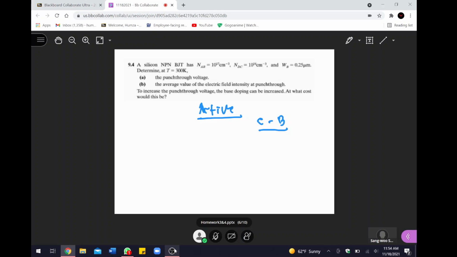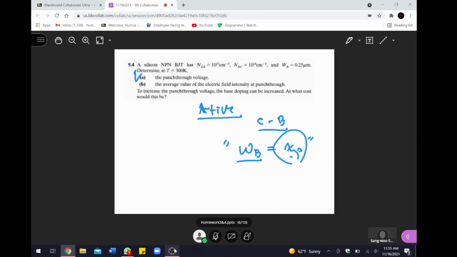When that depletion region reaches the base width, the device reaches punch through. So the first part asks about the punch through voltage. To calculate it, you use this formula. XP is the same as mentioned in the chat.